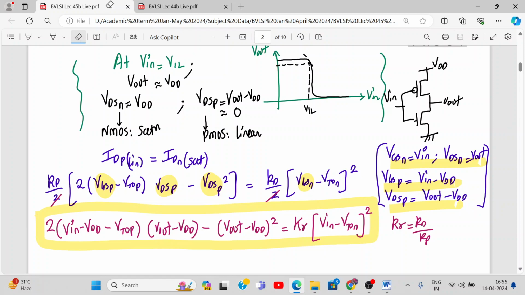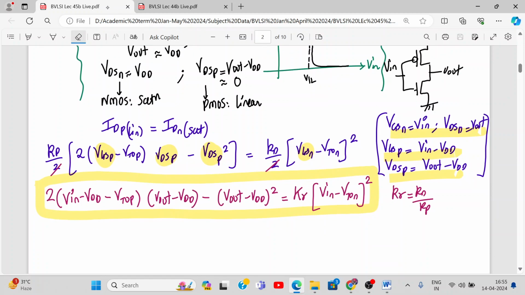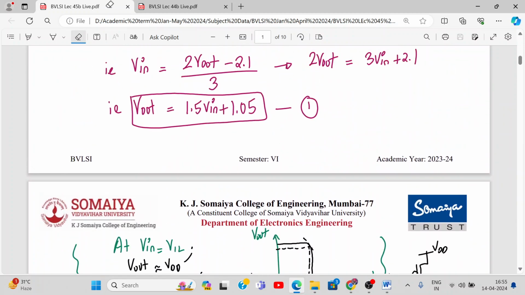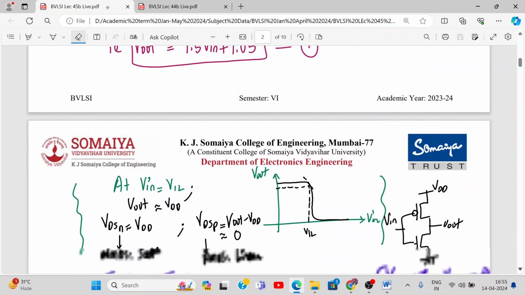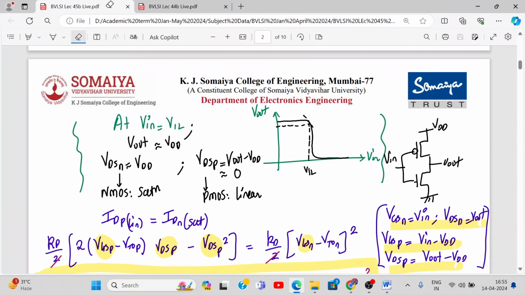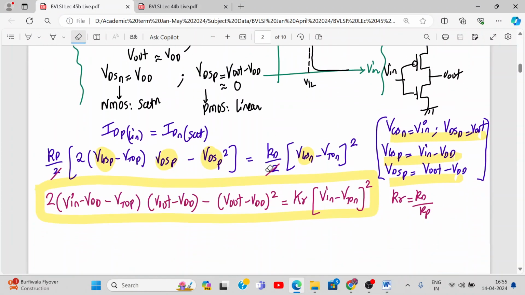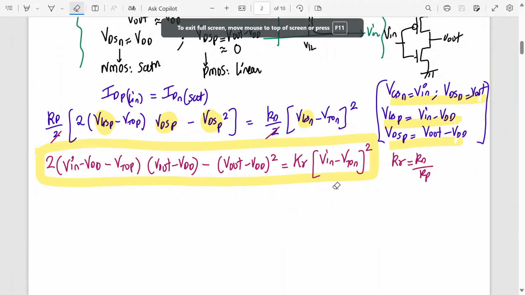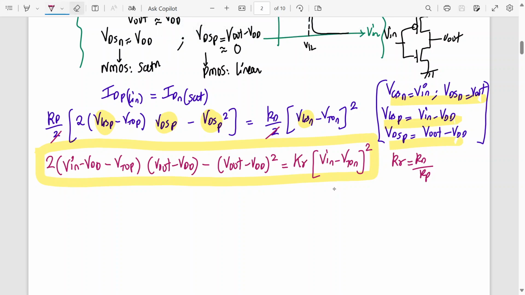Okay, yes or no? Now what we do is, wherever we have equation number 1, what is that equation number 1? Vout equal to 1.5 times Vin plus 1.05. Wherever you see Vout, we substitute this equation, this yellow color box. This I call equation number 2.